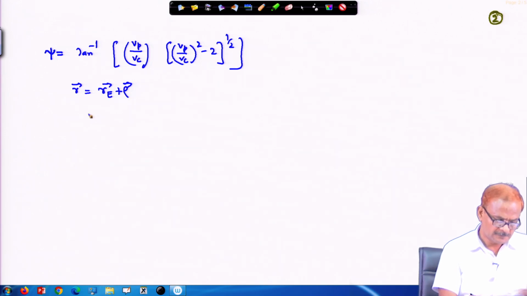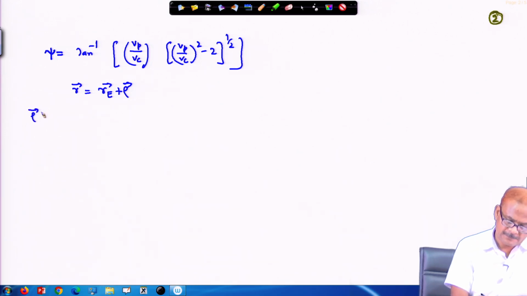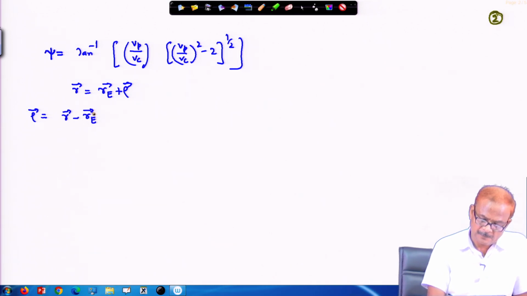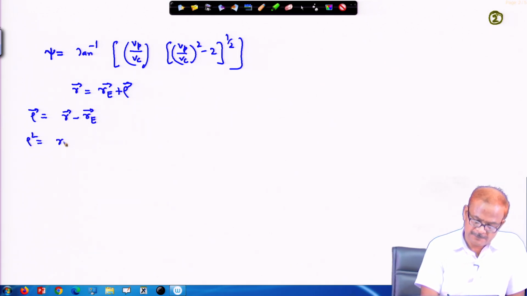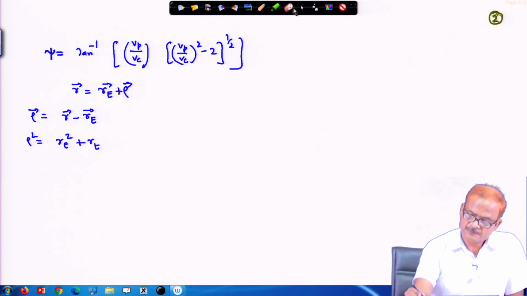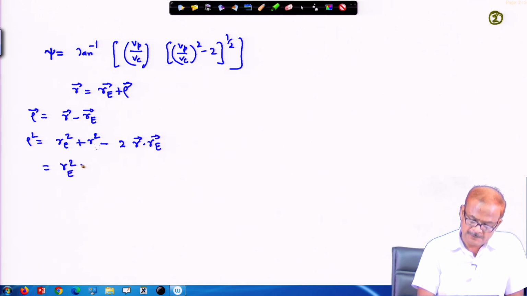and therefore, rho can be written as rho square equal to r e square plus r square minus 2 r e r cos theta.